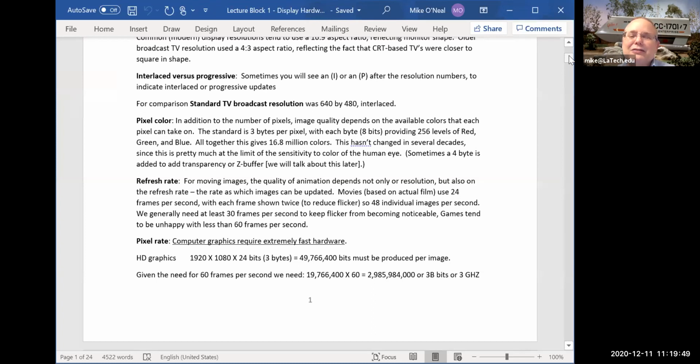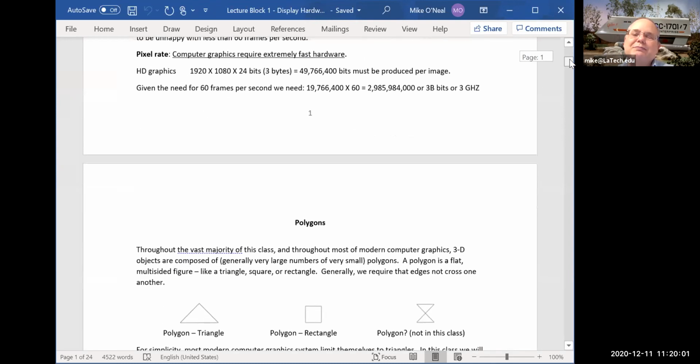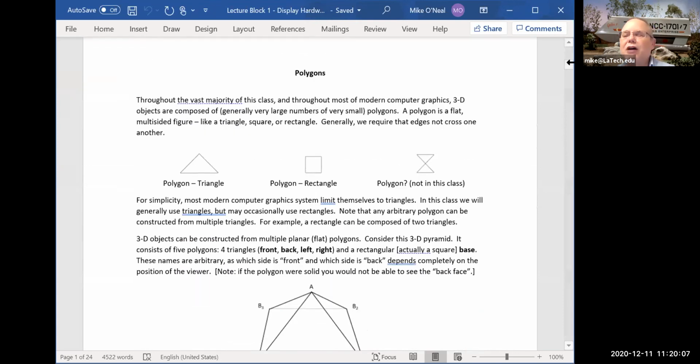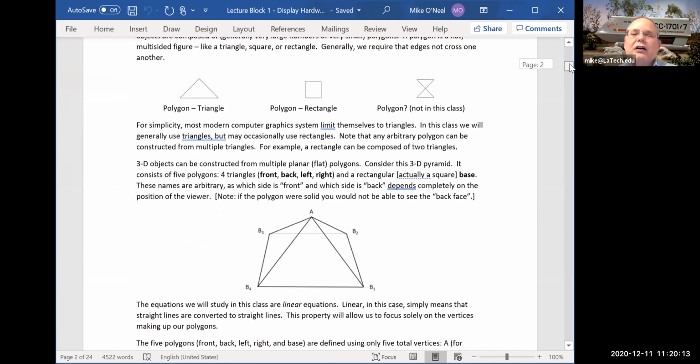But we talked about the different frame rates and what that does to how many bits you have to manipulate per second. It's gargantuan, and that's why speed is the most important thing in computer graphics, the second, third, fourth, and fifth most important things. Oh, and did I mention speed is the sixth most important thing in computer graphics.